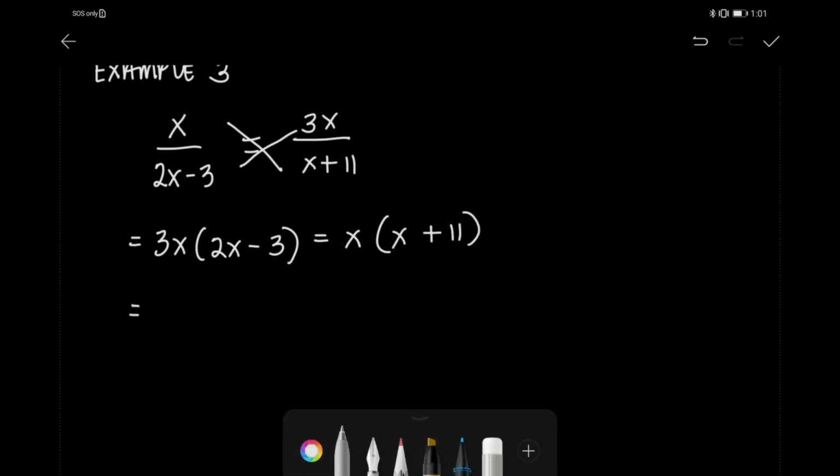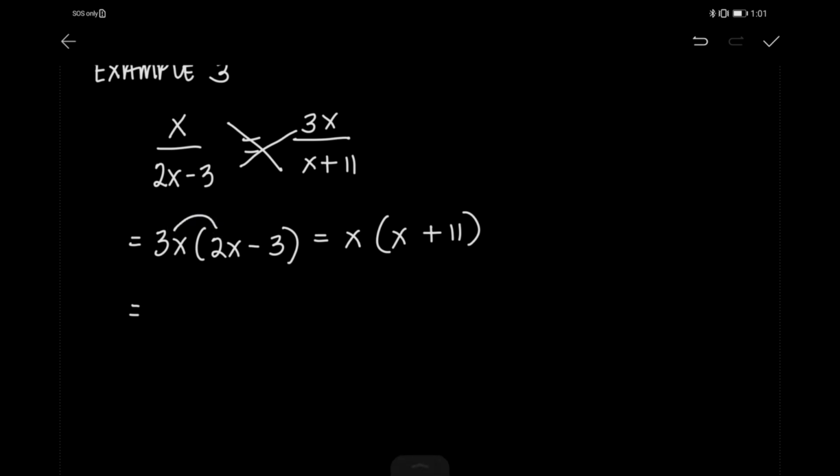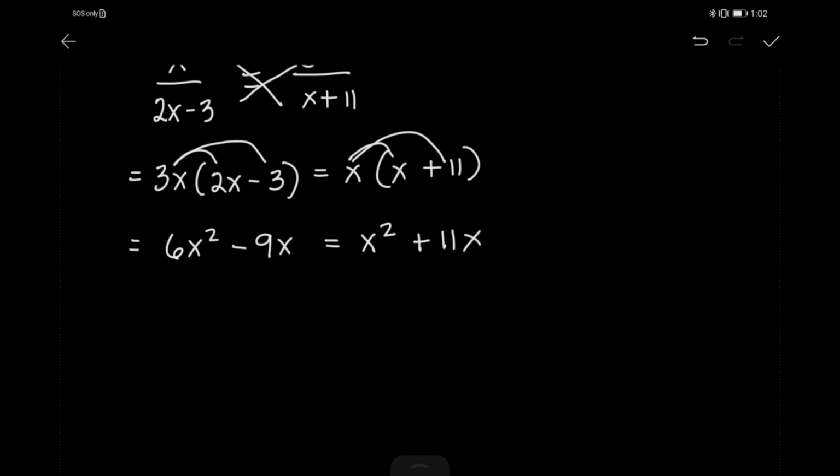So we have here 3x times 2x, which is equivalent to 6x squared, and 3x times negative 3, so this is negative 9x. And also, x times x is x squared, and x times 11 is positive 11x. So we have here like terms: 6x squared and x squared, and 9x and 11x.